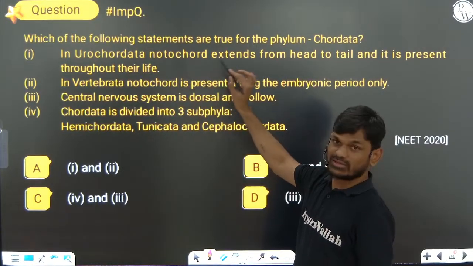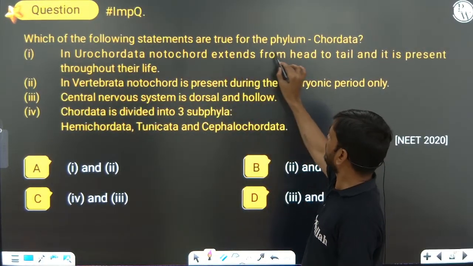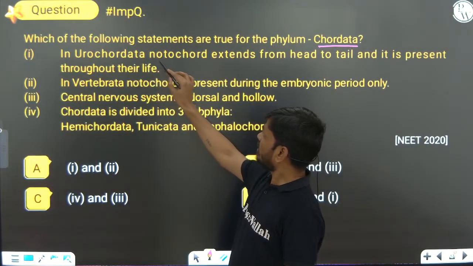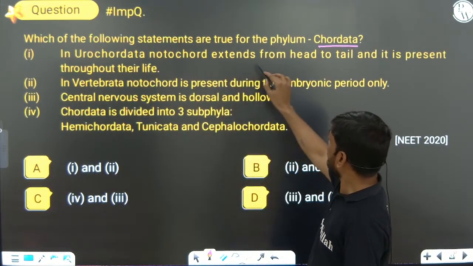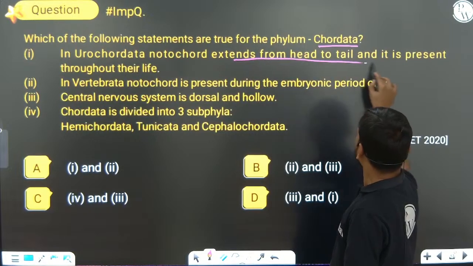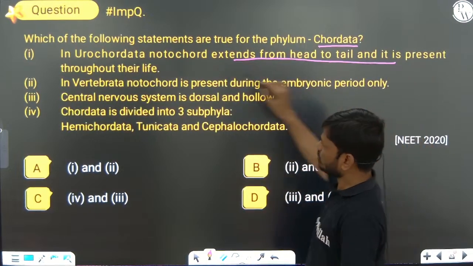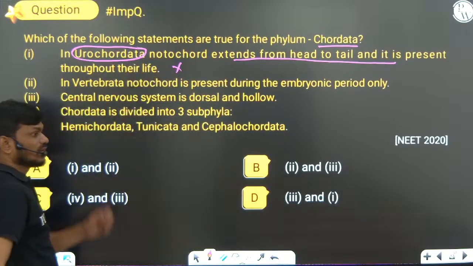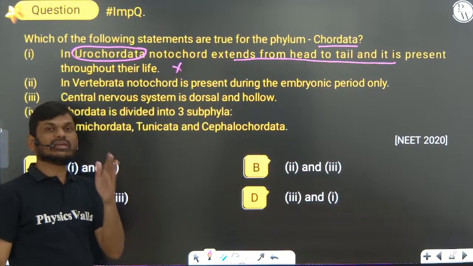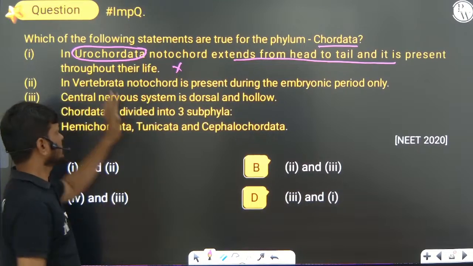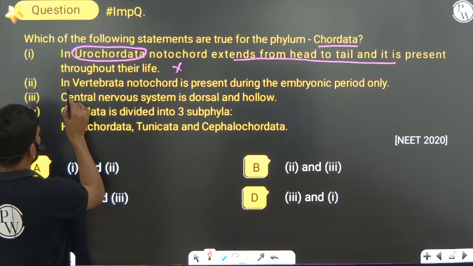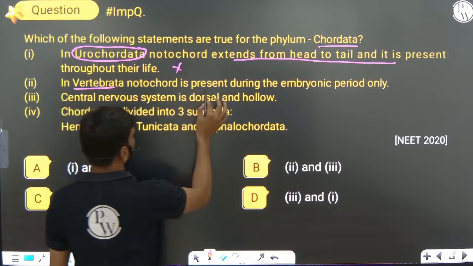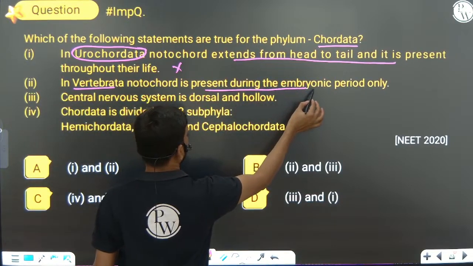Which of the following statements are true for the phylum Chordata? In Urochordata, the notochord is extended from head to tail and present throughout life. No, not in Urochordata. In Urochordata it is present only in the tail region in larval form. So this is the wrong statement. In Vertebrata, the notochord is present during the embryonic period only.